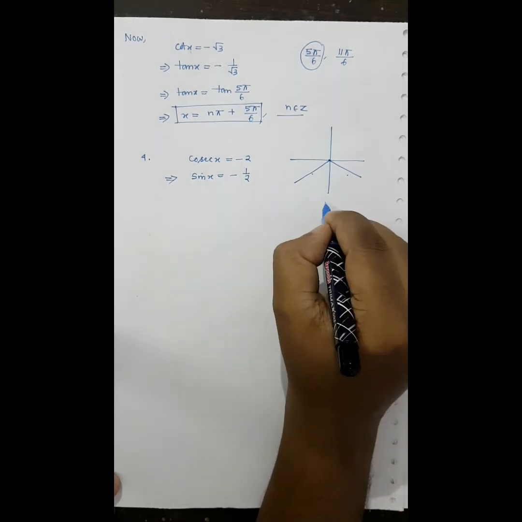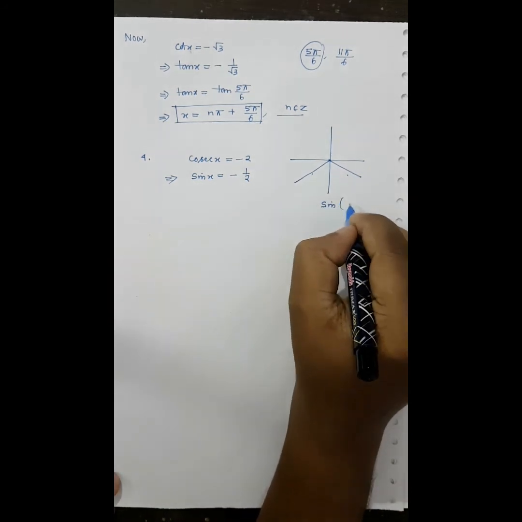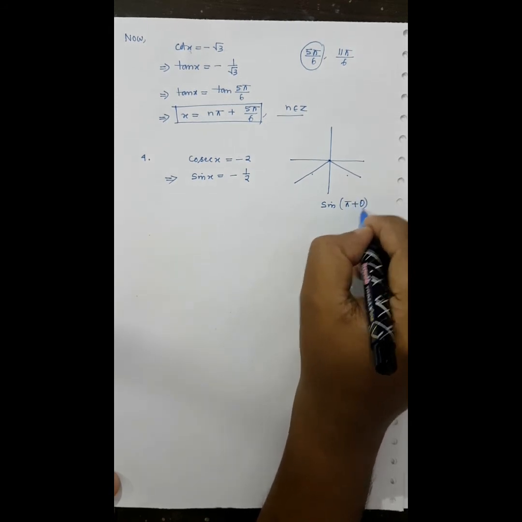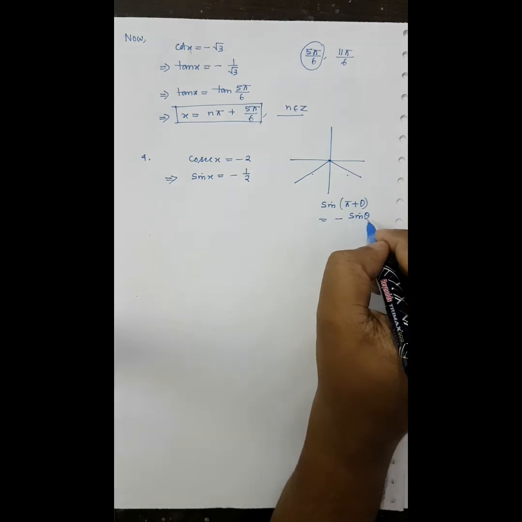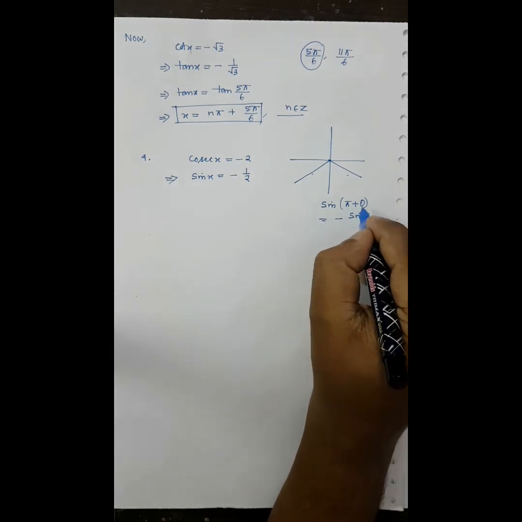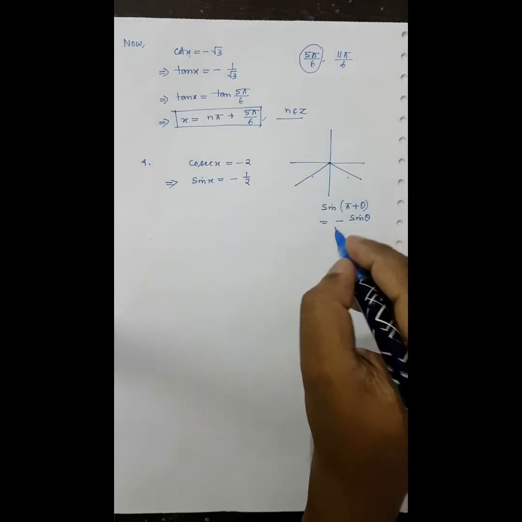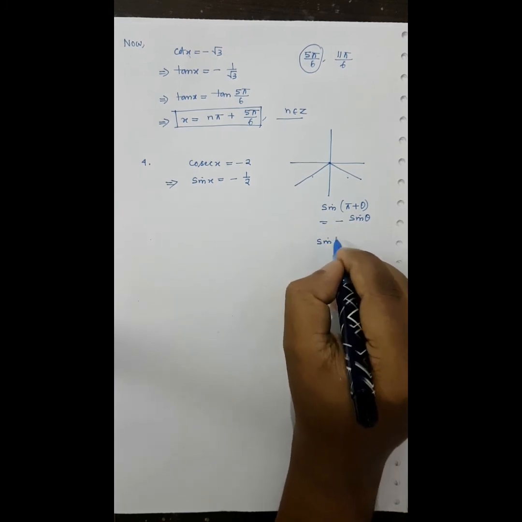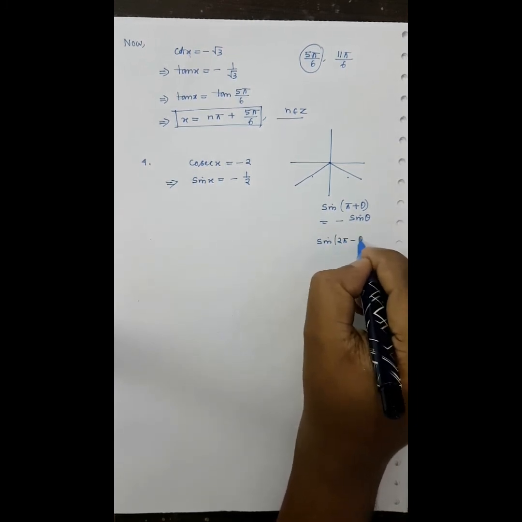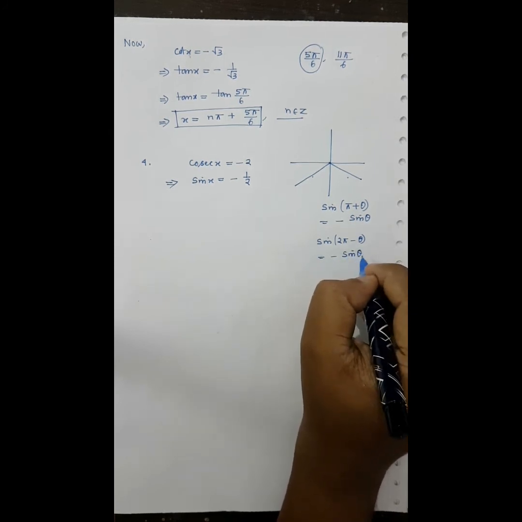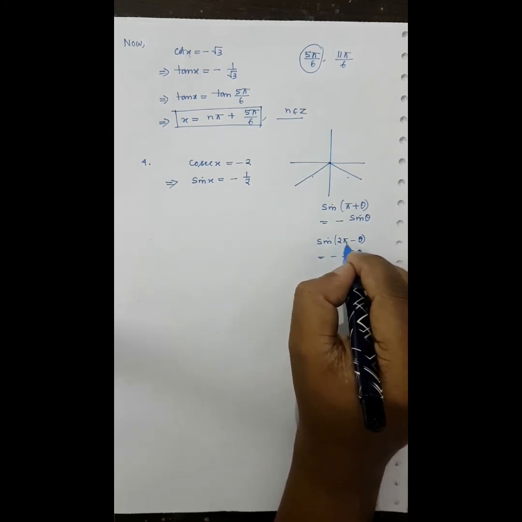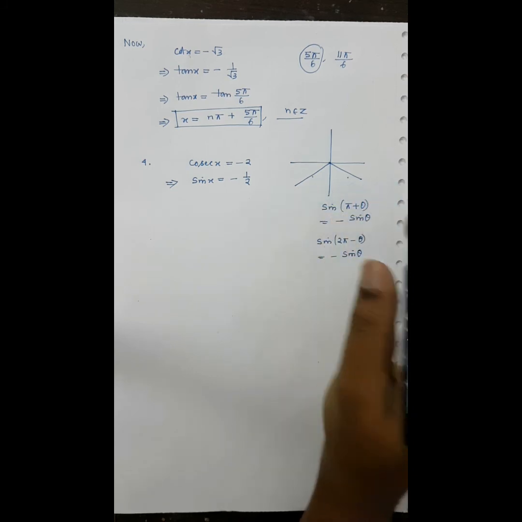We know that sine of pi plus theta is equal to minus sine theta. When theta is acute, the value of pi plus theta will be in the third quadrant. Similarly, sine of twice pi minus theta is equal to minus sine theta. Whenever theta is acute, the angle twice pi minus theta will be in the fourth quadrant.